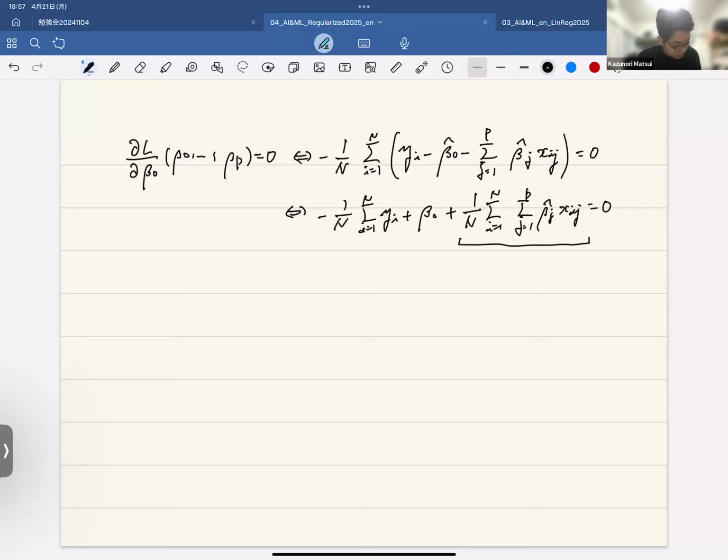So this part, we can exchange the order of summation for i and j, with sum over j of beta j hat and xij. So when we rewrite the order, it becomes like this.